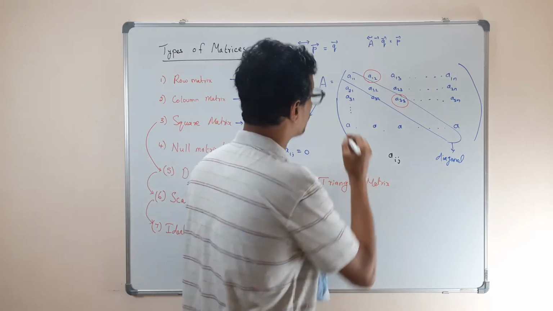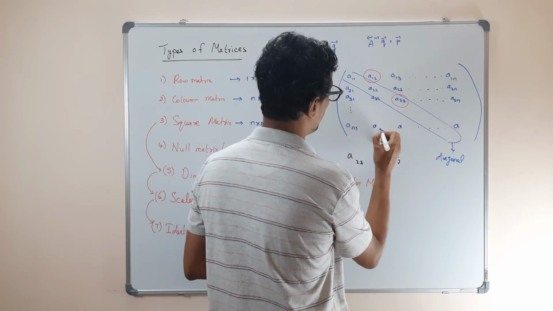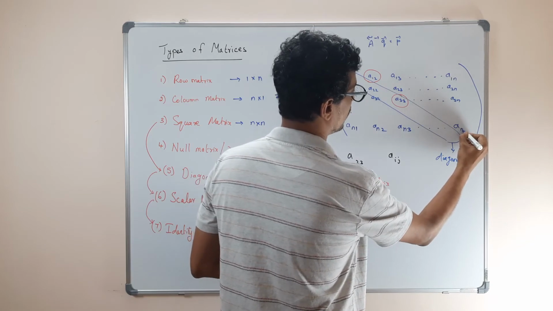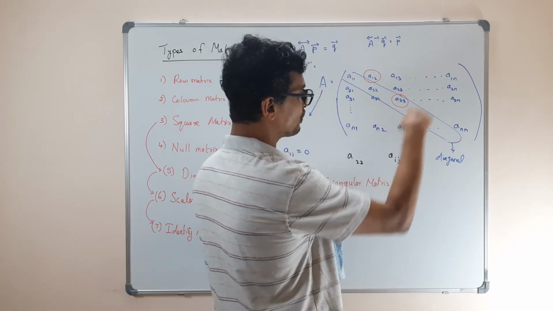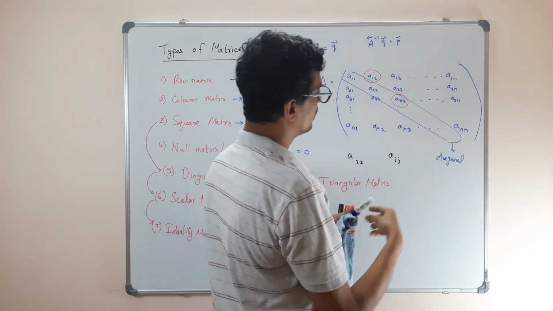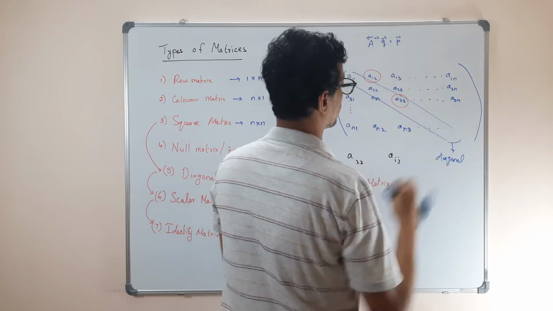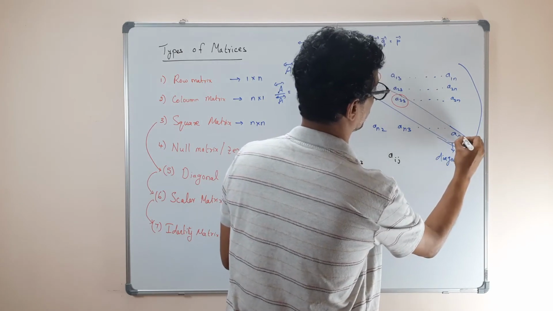I don't want to write the matrix again and again. This will be what? a11, a12, a13, and so on up to a1n. Correct? So when it becomes n by n, now it's a square matrix. So possibly this line will come here, going up to ann. Diagonal, na?